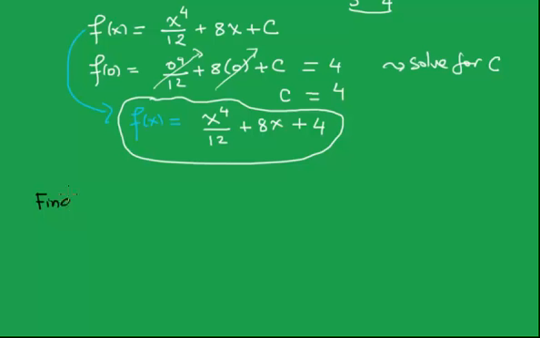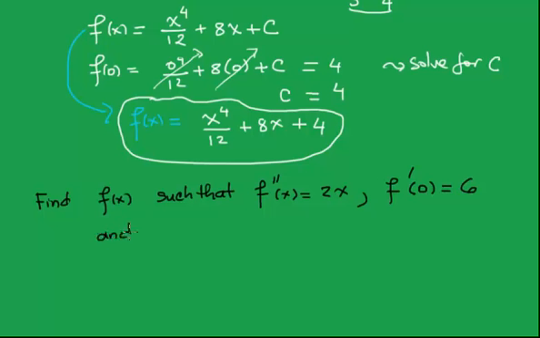Find f of x such that f double prime of x is equal to 2x, f prime of 0 is equal to 6, and f of 0 is equal to 1.